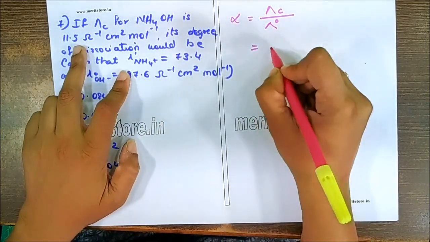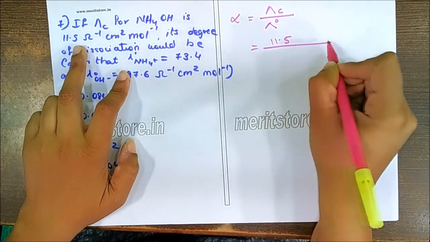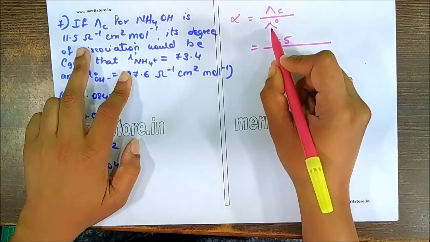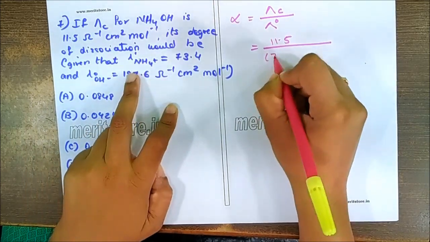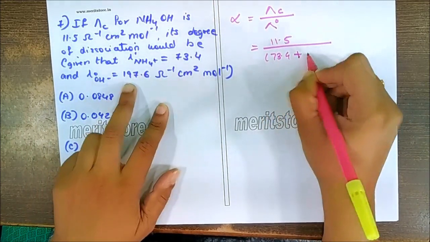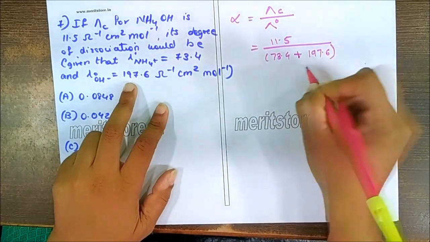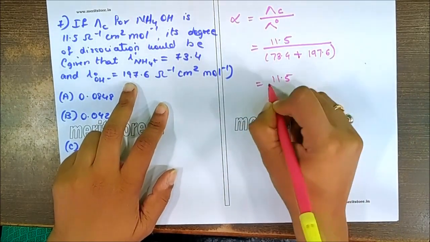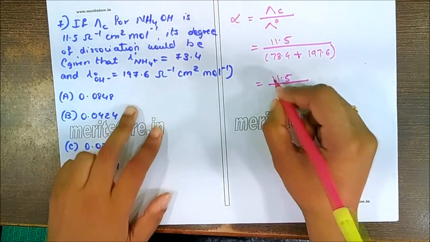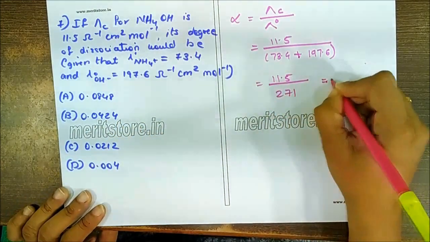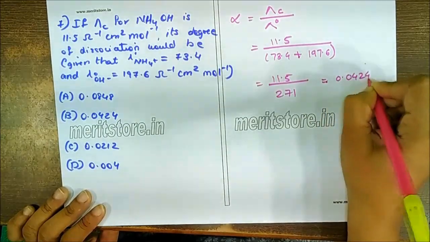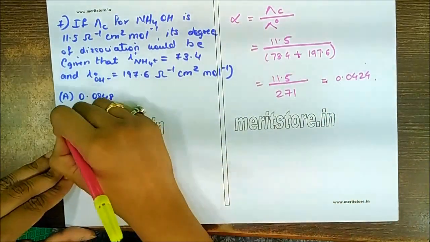This is given to us, that is 11.5, but the molar conductance at zero concentration is nothing but the contribution by the individual ions. So this is 73.4 plus 197.6. So this is 11.5 divided by, if you make the total of this, it's 271. So this is 0.0424. So the option is B.